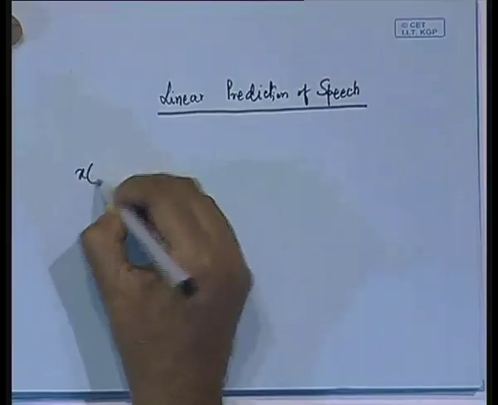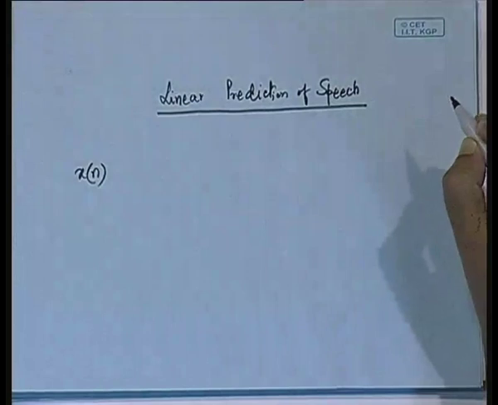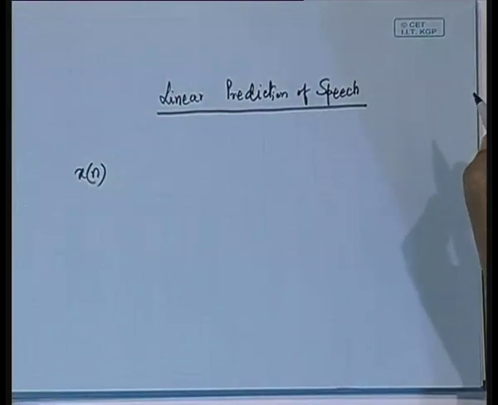In our last lecture we had seen the adaptive differential pulse code modulation technique, and there essentially what we did was that we had predicted a given sample x of n.